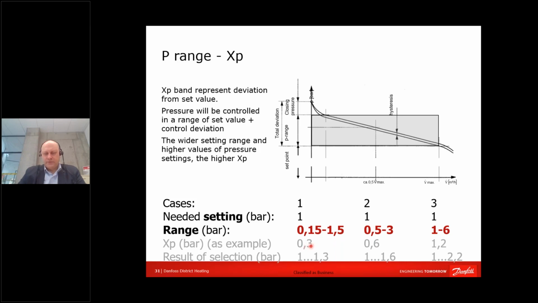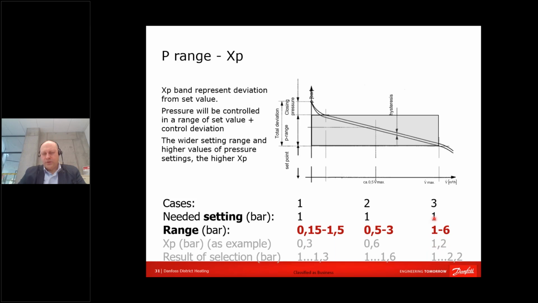P-band depends on many things. I will not go deep into it, but for a very rough and brief estimation, without looking into a producer, you might expect that differential pressure will increase. So if you choose this one large controller capable of controlling from 1 to 6 bars, it will give you a P-band of 1.2 bars.